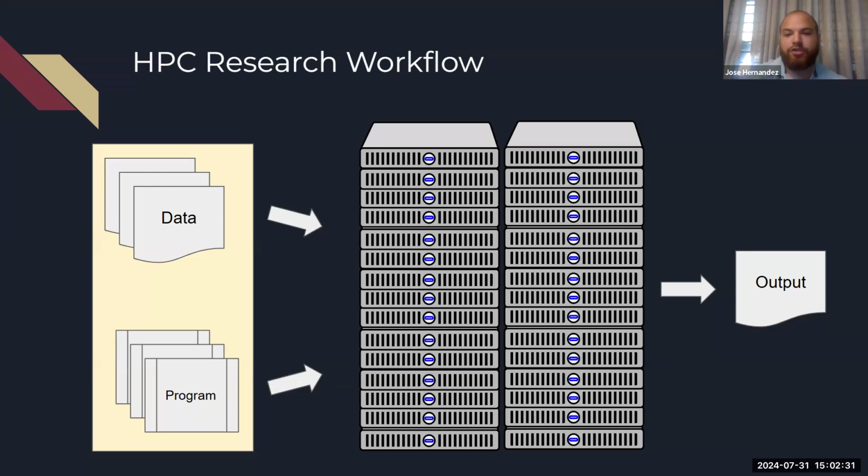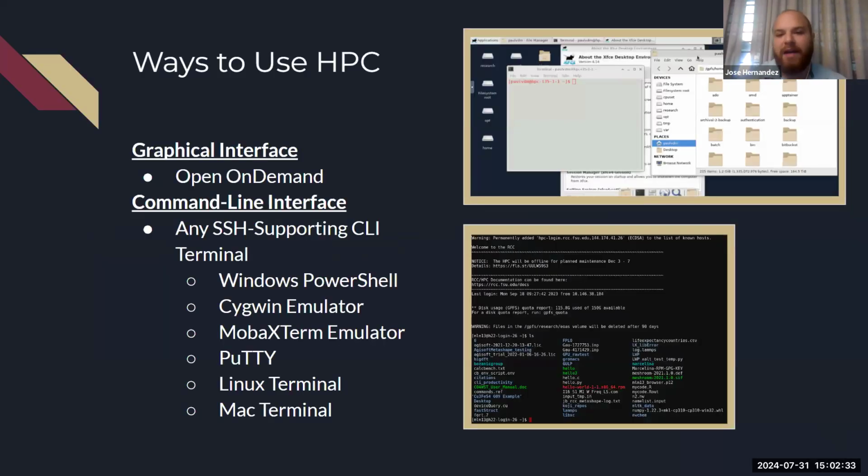Yeah, and there's multiple ways to access it, right? So we have the command line, which was the original way of accessing the high performance computing center, but we also have a graphical interface called Open OnDemand. And it's critical for you to understand how these work together. So Open OnDemand just presents the graphical interface.